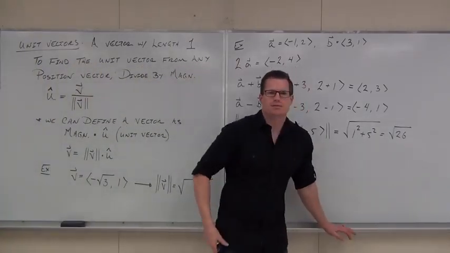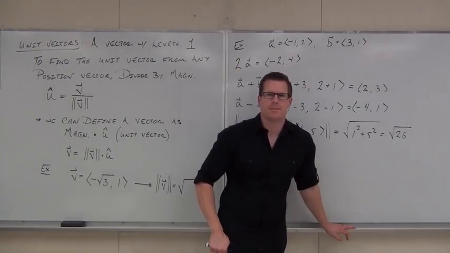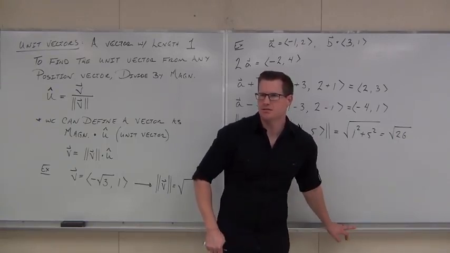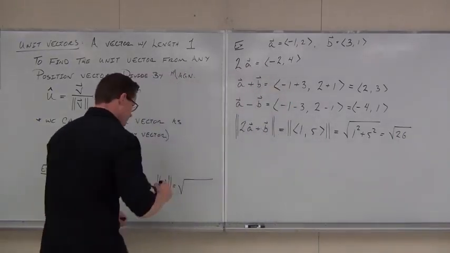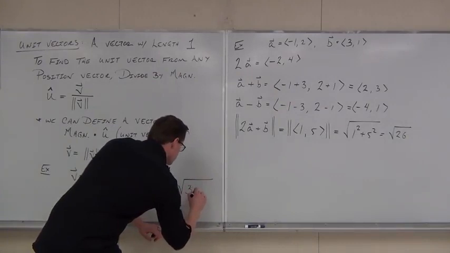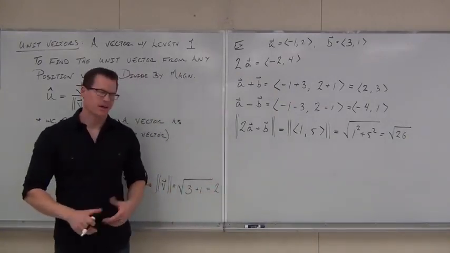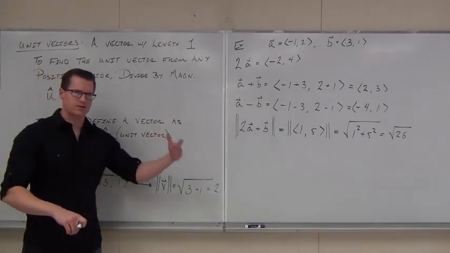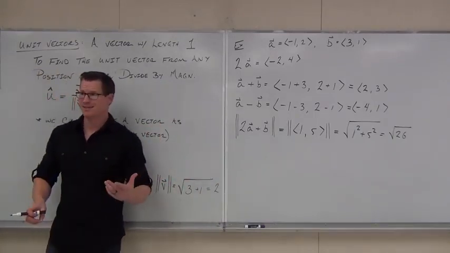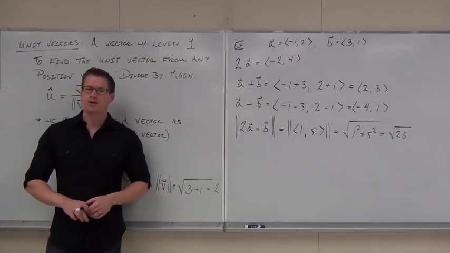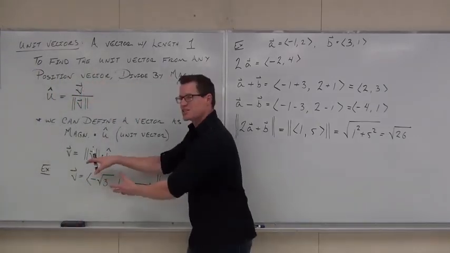Can a magnitude ever be negative? That's why it looks like absolute value. It's giving us just a distance. I got 2. Did you get 2? Yes. That's awesome. Square it, add it, square root: 2. Are we done? Is 2 the unit vector? No, 2 is the magnitude of this specific vector.